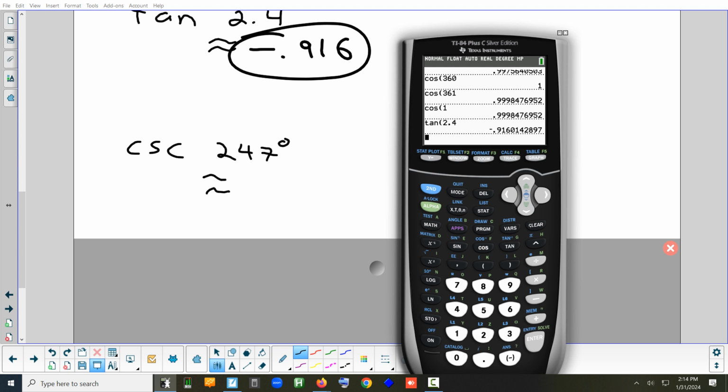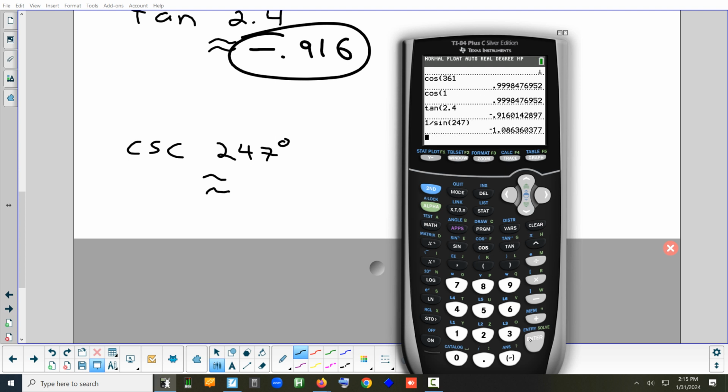How have we been finding the cosecant all along? 1 divided by sine. That's how we've been doing the cosecant all week. We've been finding the sine and flipping it. Do it the same way here. So that's how you can do it all in one step.